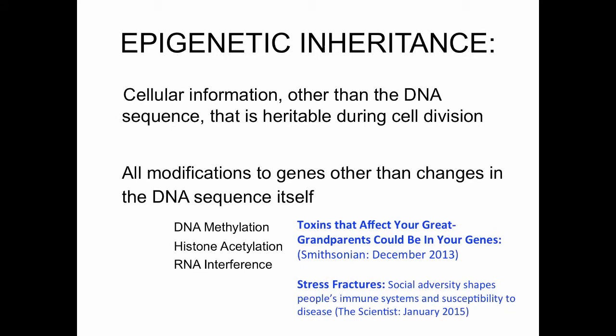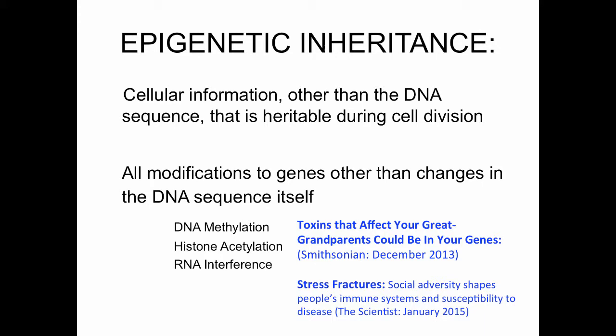And again, from the popular press, there's an article in the December 2013 issue of Smithsonian Magazine that talks about toxins that affected your grandparents might actually manifest in second and even third generations. And then there's an article in The Scientist early in 2015 that talks about how social adversity may shape people's immune systems and susceptibility to disease.